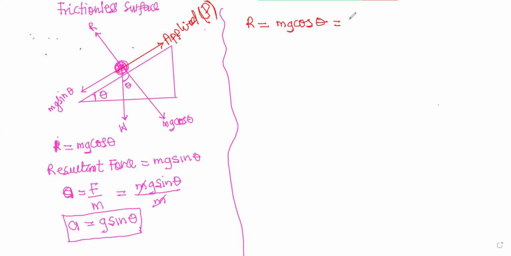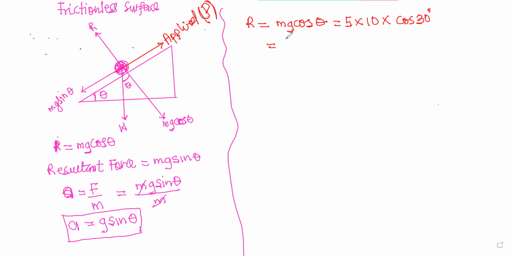The mass 5 times acceleration due to gravity, which is 10, and then cosine of the angle of inclination, cos of 30 degrees.